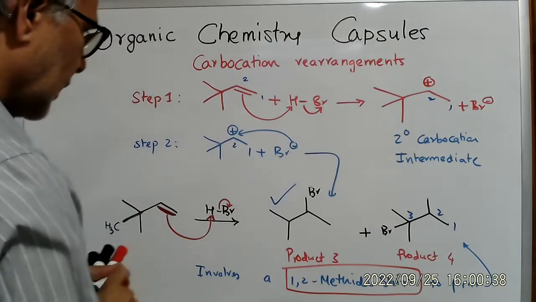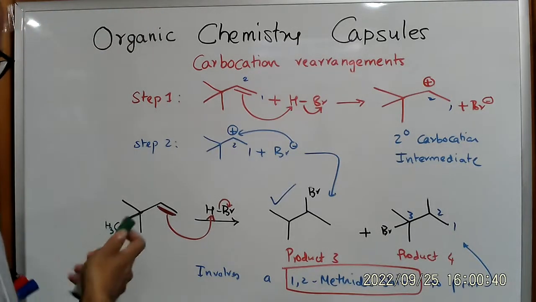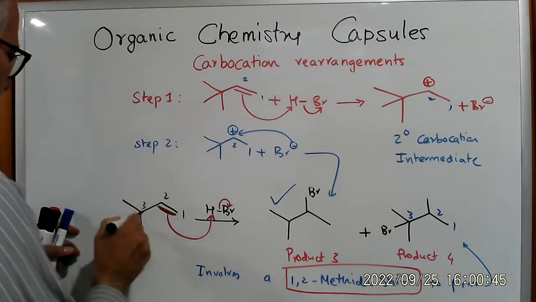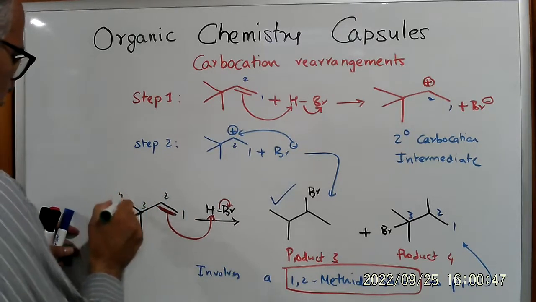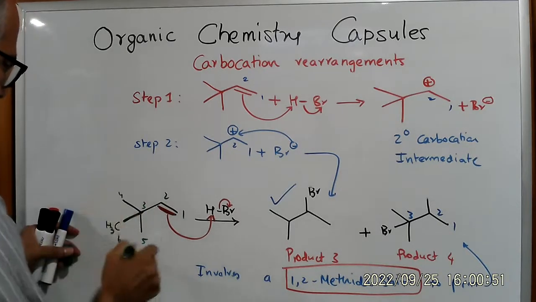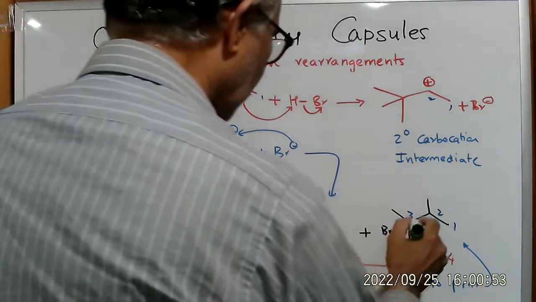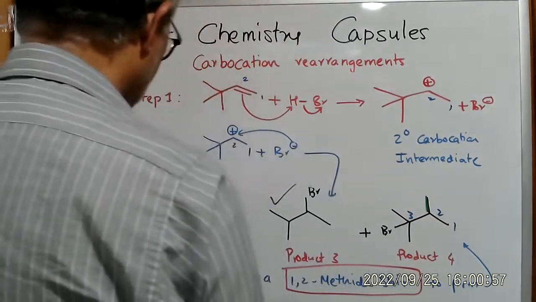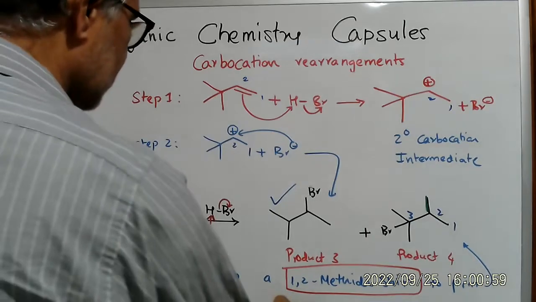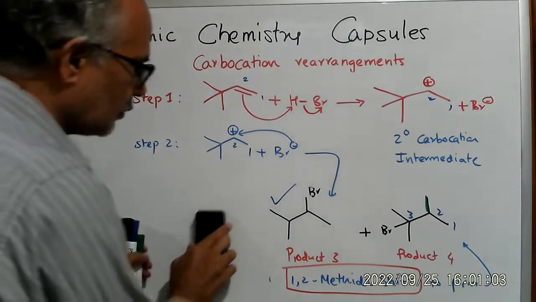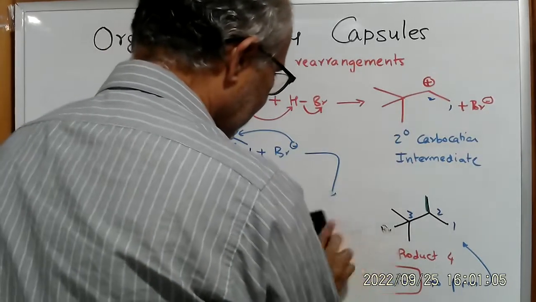Also you notice that carbon 3 has 3 methyl groups, and one of the methyl groups moved to this point there. Let's see how that happens. It happens very much in parallel to what we have seen with the hydride shift.